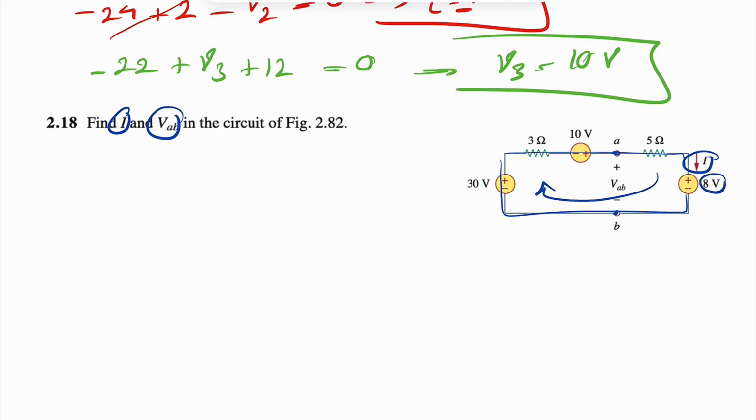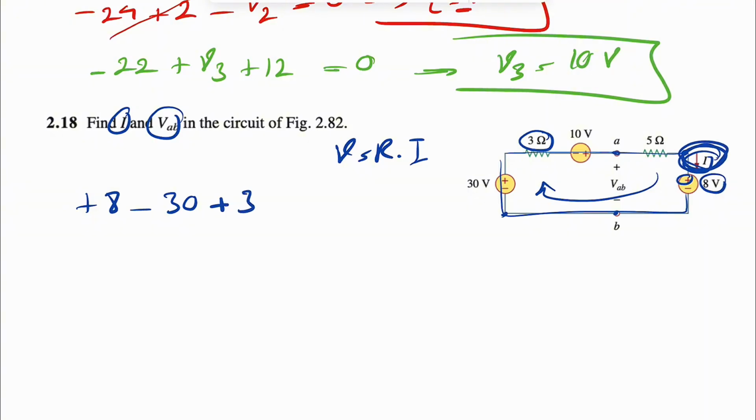Moving to our voltage source, we are entering the positive terminal, so plus 8. Then negative 30, and we have the voltage across each of these resistors, V equals R times I. We have the 3 ohm resistor, so 3 times I. Keep in mind that we consider it positive because we are going in the direction of the current, which is this direction that we can see.